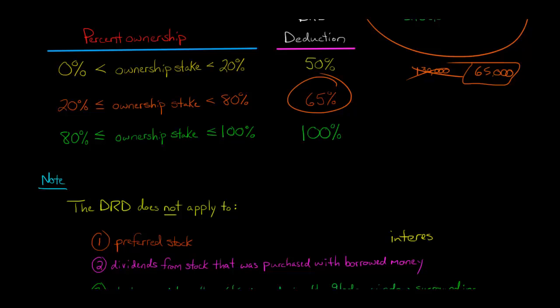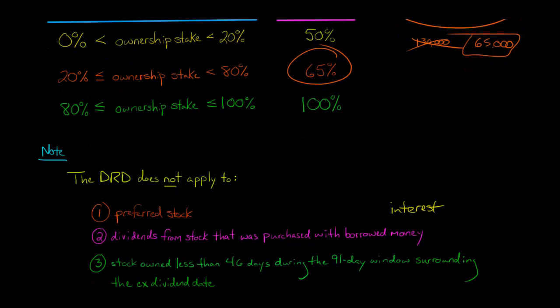We don't want to give you a tax deduction for the interest and then turn around and also give you a dividend received deduction. So if you're borrowing money to buy the stock and then you receive dividends, we're not going to give you that double benefit. You're already getting a tax deduction for the interest, so that's sufficient.